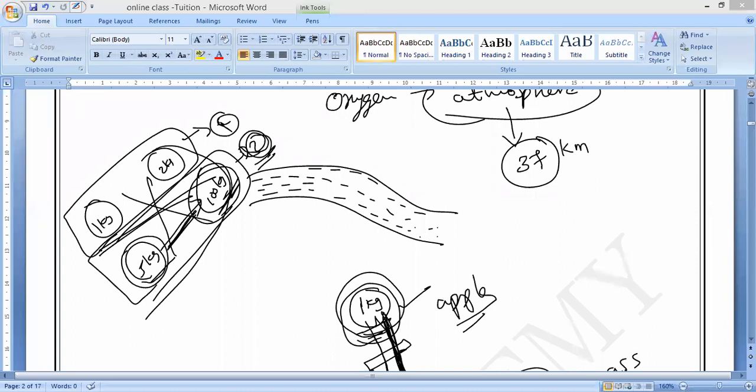A body having less mass, you should remember that. So if one of the objects has an extremely large mass, then what will happen, guys? The gravitational force becomes very large, and its effect can be seen very easily. Do you understand?